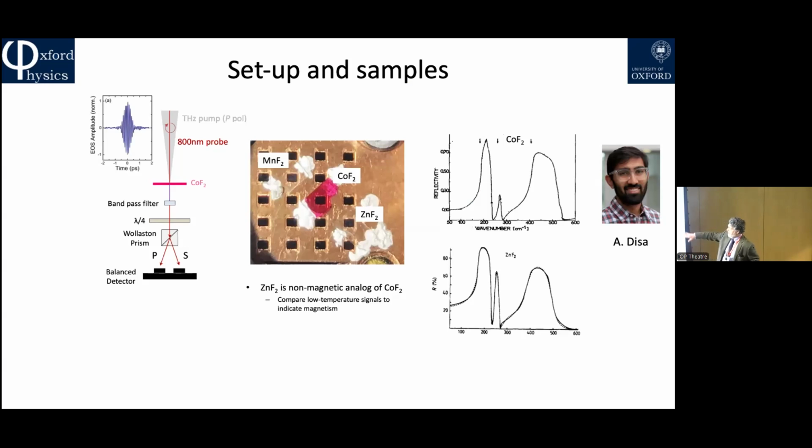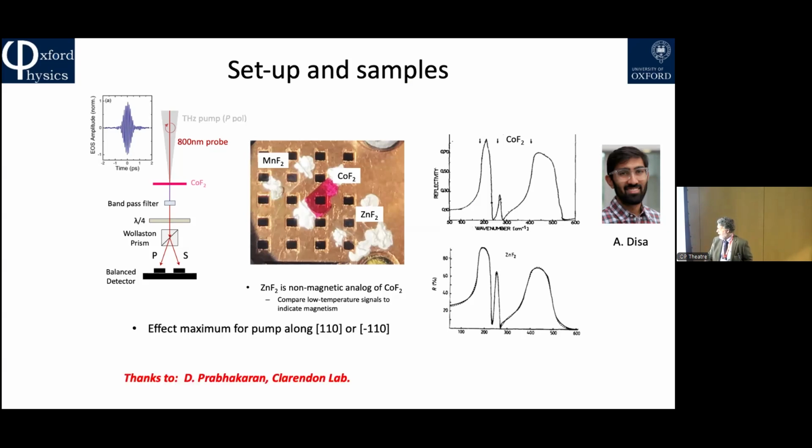And then you pump. This is the optical spectrum, and the propagation of light in the crystal near a resonance is a very complicated business. Of course, you're exciting a phonon polariton in this case, which has very slow propagation in the material, so you have to take that into account to some extent. But in this case, what you would expect is that the signal could be maximum by pumping along the 110 direction or the -110 direction of the crystal structure, and then the effect should reverse.